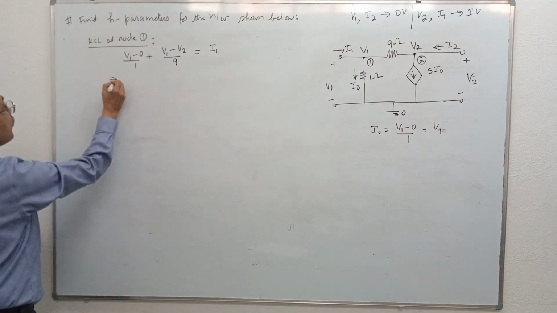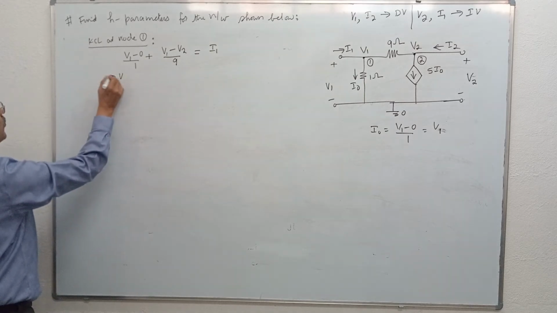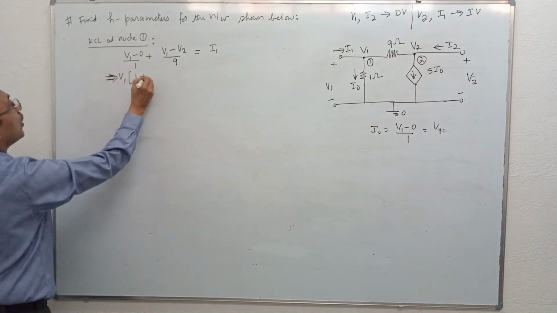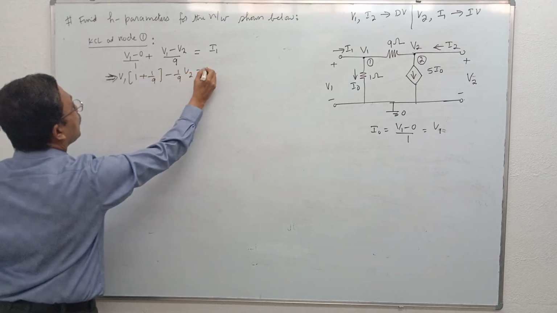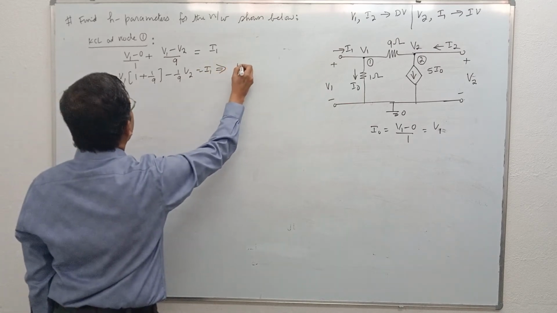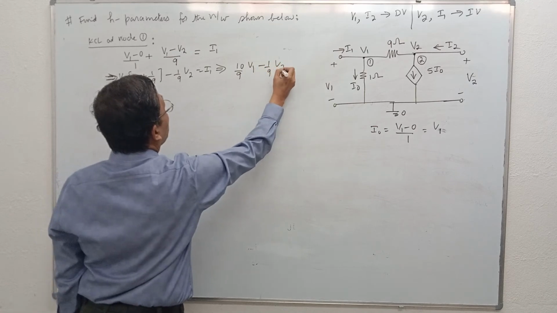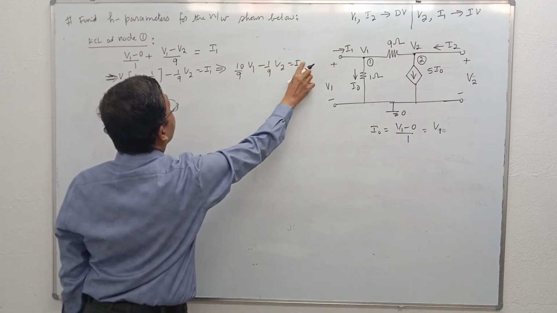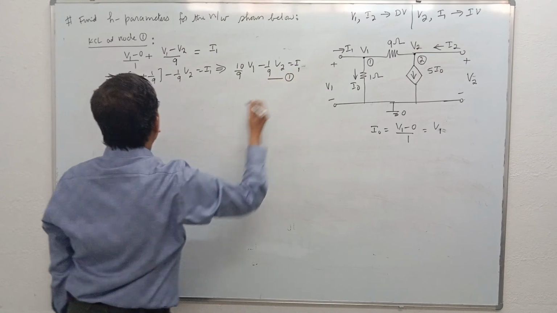So if you take V1 common, you get 1 plus 1 by 9 V1 minus 1 by 9 V2 is equal to I1. This implies 10 by 9 V1 minus 1 by 9 V2 is equal to I1. This is equation 1.